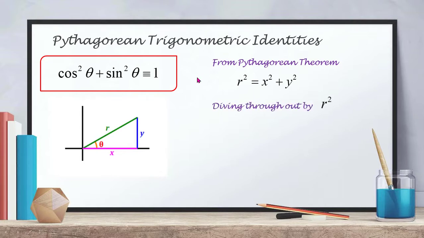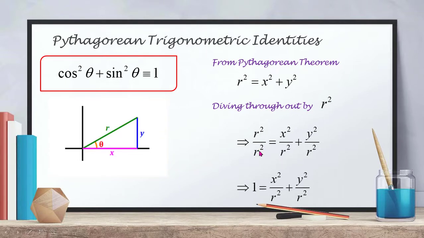What we're going to do with this Pythagoras theorem, we're going to divide throughout by r squared. So if we divide throughout by r squared, it will look like this: r squared divided by r squared, x squared divided by r squared, and y squared divided by r squared.